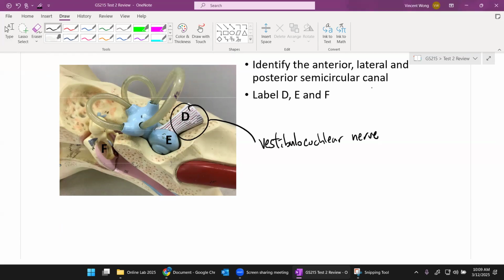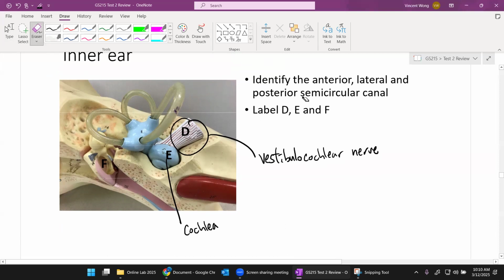Whereas the cochlear nerve is going to send auditory information from the cochlea. E is the cochlea. F is the tympanic membrane.